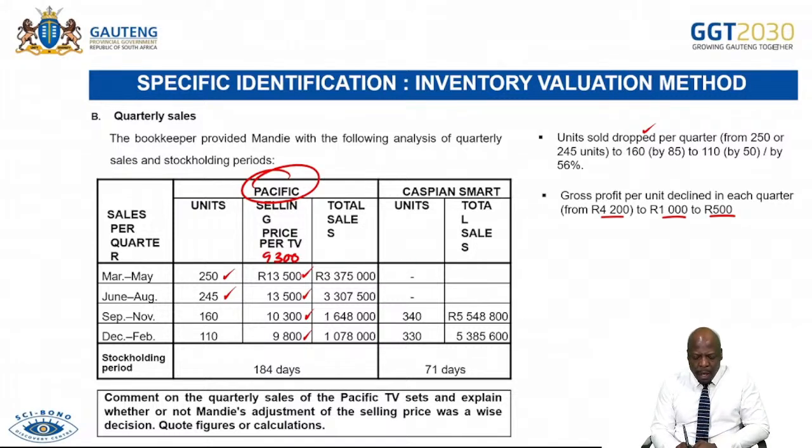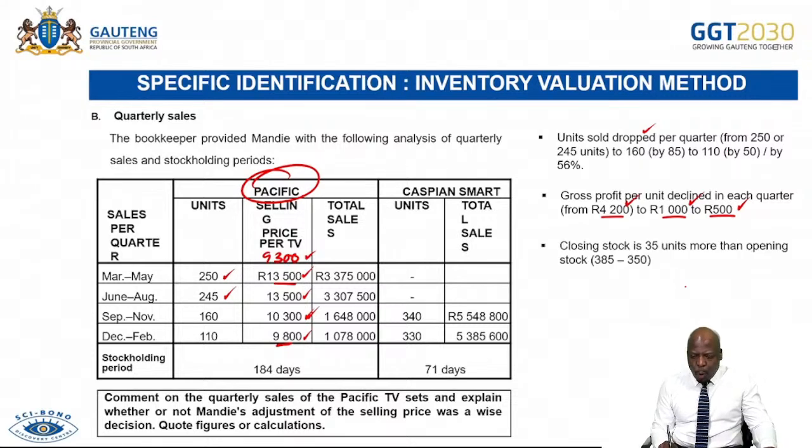So in the months of March to May, 13.5 minus 9.3, you were getting 4,200. But the price was then changed to 10.3, so the profit decreased to 1,000. And she dropped it again further to 9,800. That means her profit is now only 500. So that is another point that we need to consider.